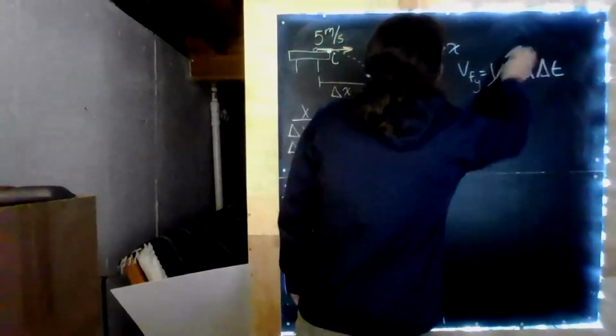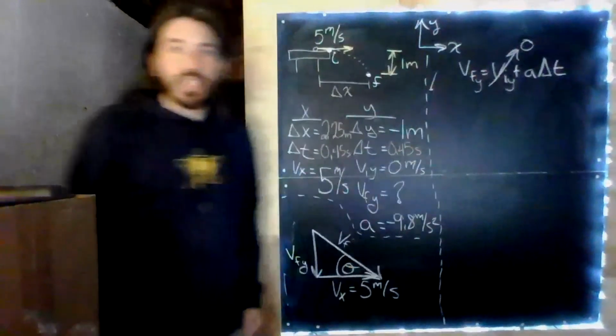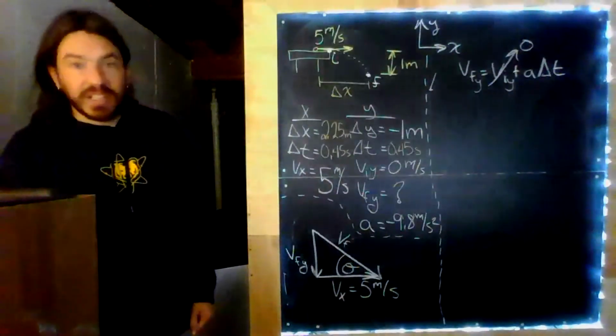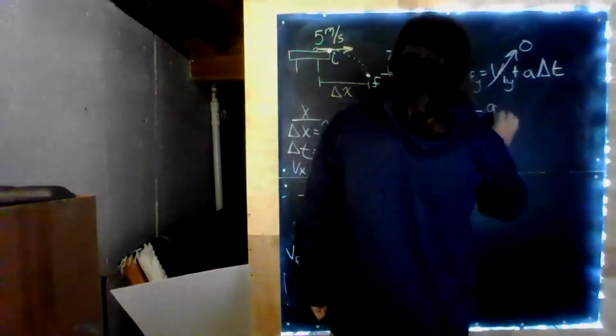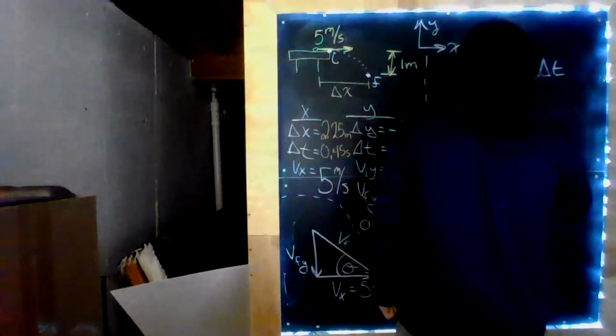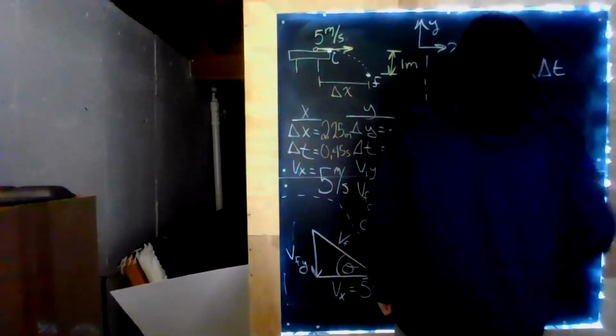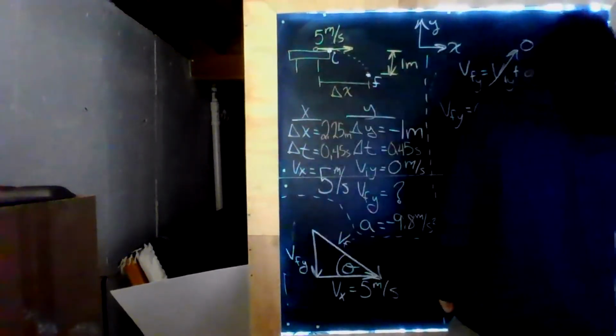If we apply this to the y direction, well, we know v initial in the y direction is 0, so that goes away, which tells us that v final in the y direction equals a negative 9.8 meters per second squared times delta t, 0.45 seconds.